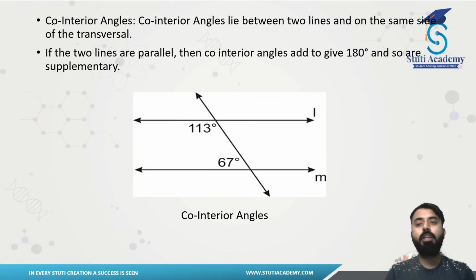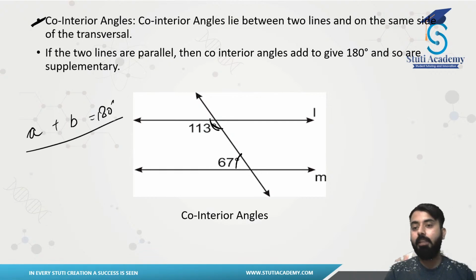Let's move forward and talk about co-interior angles. Co-interior angles are those angles which are on the inside of the parallel lines and lying on the same side. Let's say I have two co-interior angles A and B. The sum will always be 180, and this is also a condition for parallel lines.